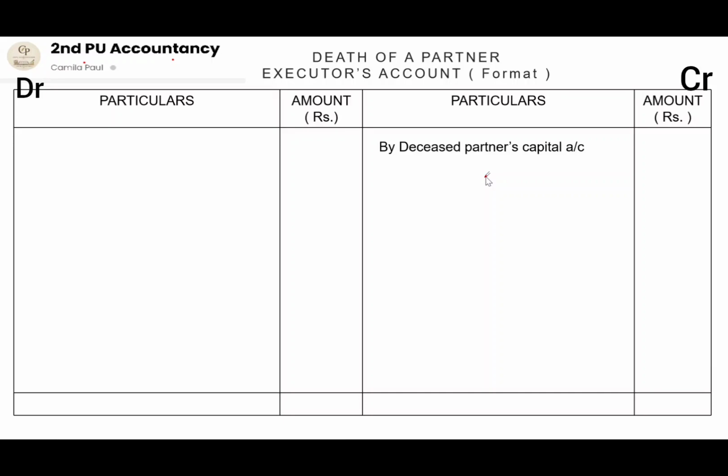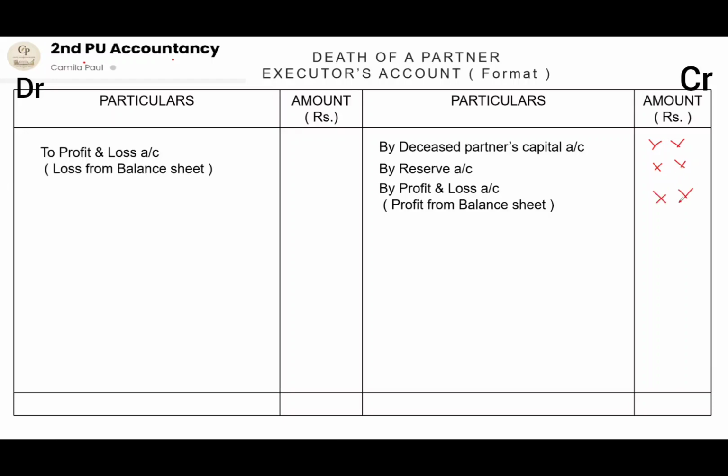So this is the partner's account. We have to first bring down the deceased partner's capital from the balance sheet on the credit side, and then a share of the reserve which is given in the balance sheet should be provided for the deceased partner on the credit side. If there is a profit in the balance sheet, a share of profit should be given to the deceased partner.